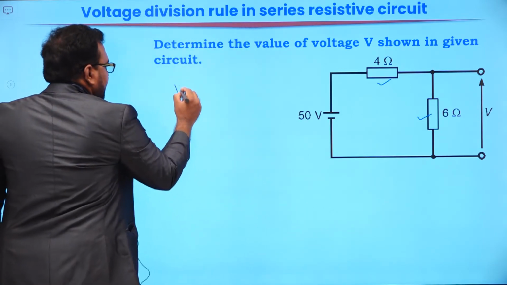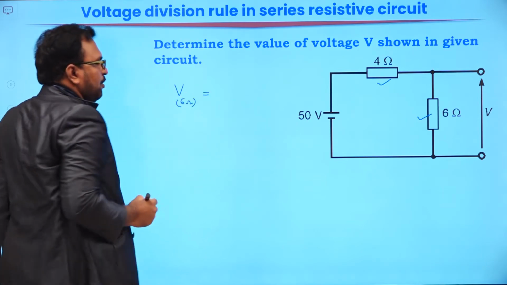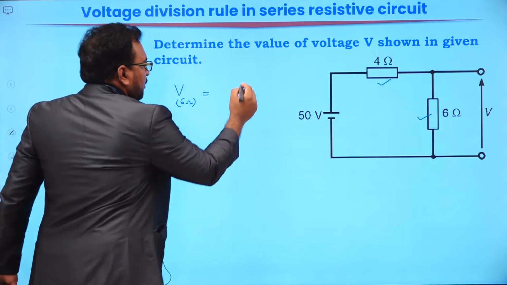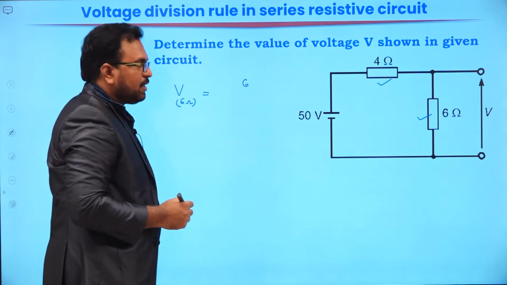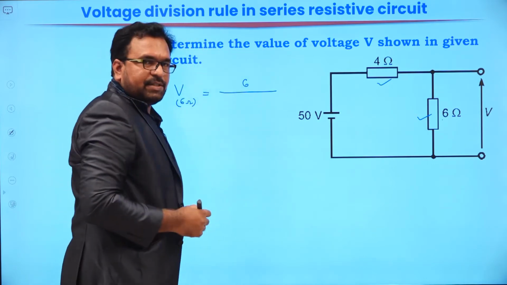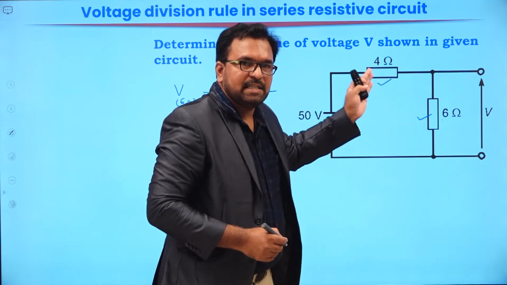So from voltage division rule, the voltage across 6 ohms can be calculated as follows. What is the value of resistance that we have to represent in the numerator? The resistance itself, the 6 ohms, divided by the total resistance. So how many resistances are there? Two resistors, and these two are connected in series.